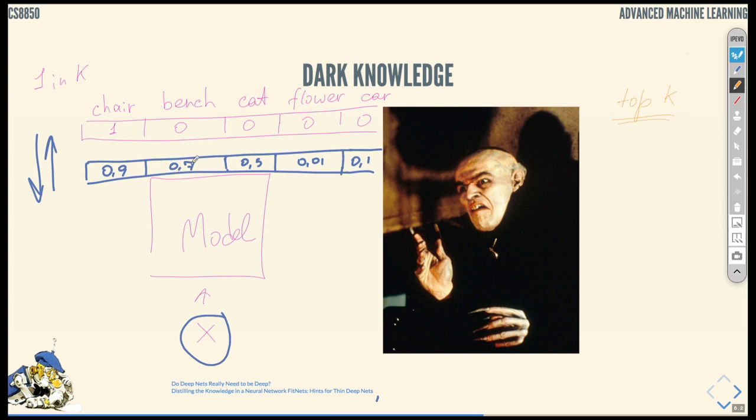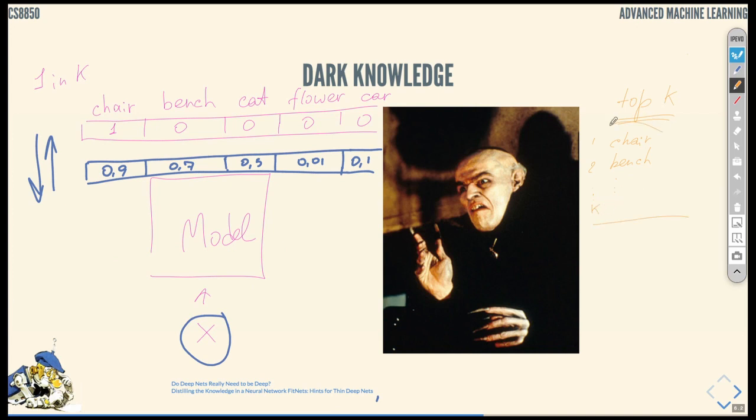So sort the scores by magnitude and look at what the model thought was the first guess, say chair, and what was the second, bench, down to k.